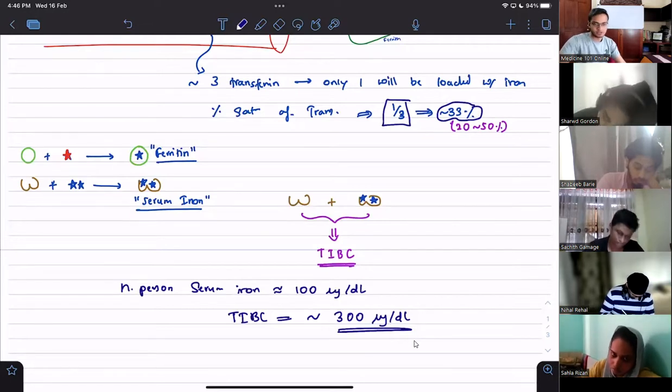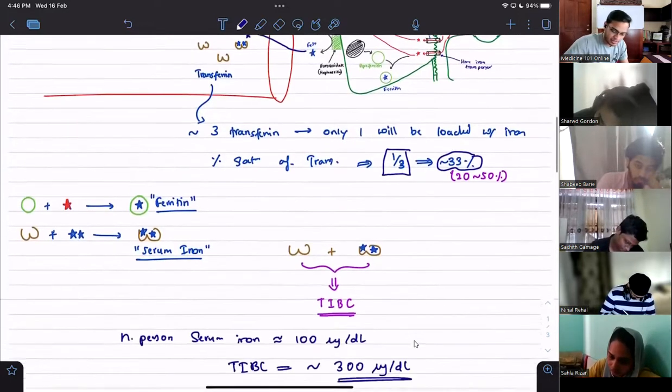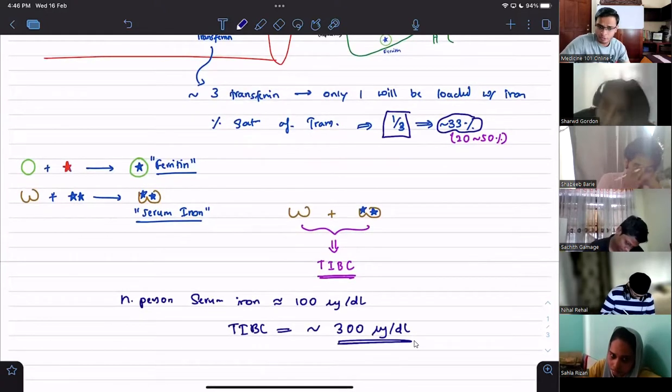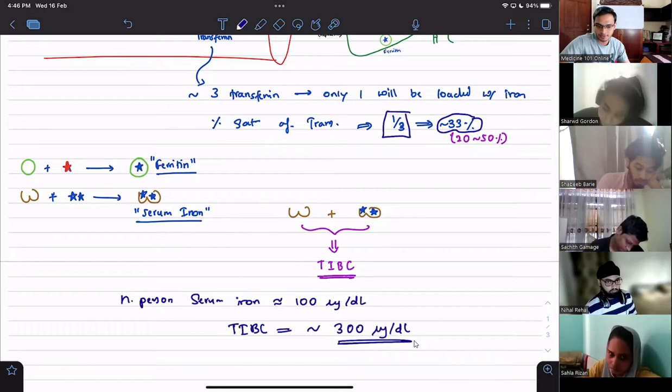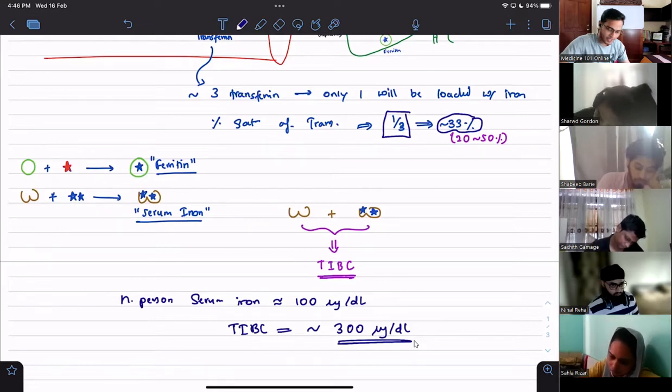Now, we are almost done with the absorption part. We'll write this down. Just one more point to add here. Look at this, guys.